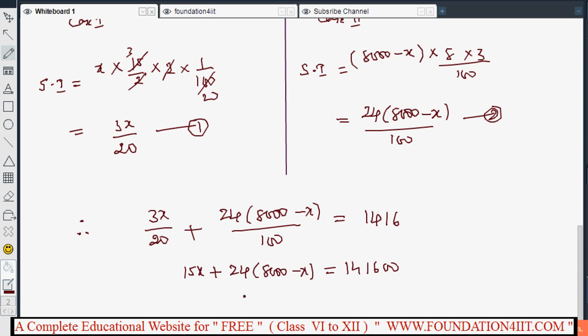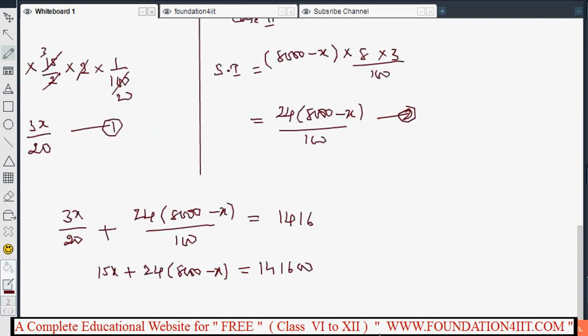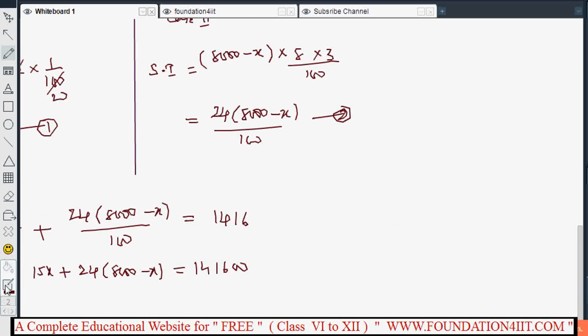Now from this you can simplify: 15x plus 24 into 8,000 minus 24x is 141600.